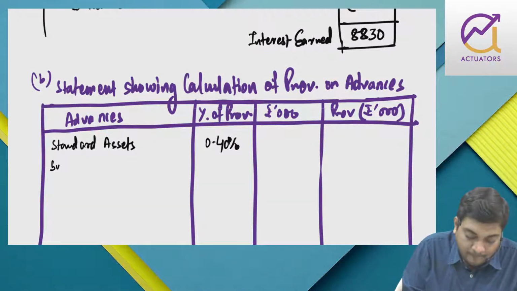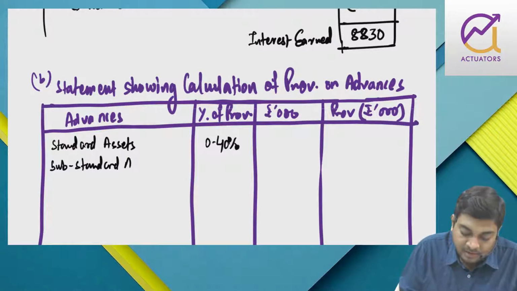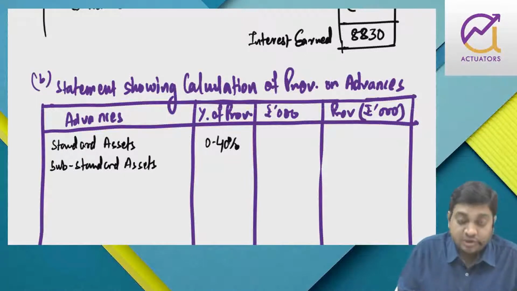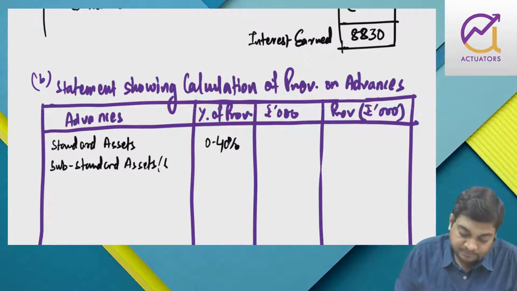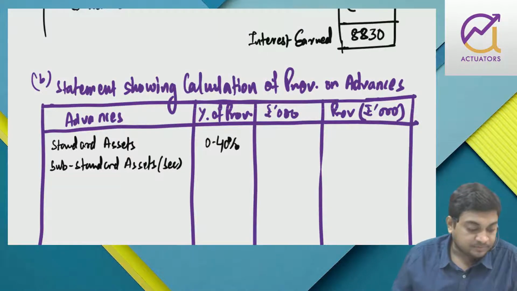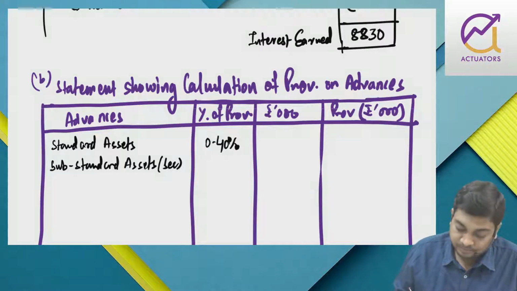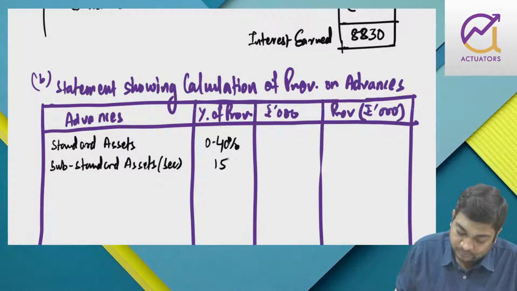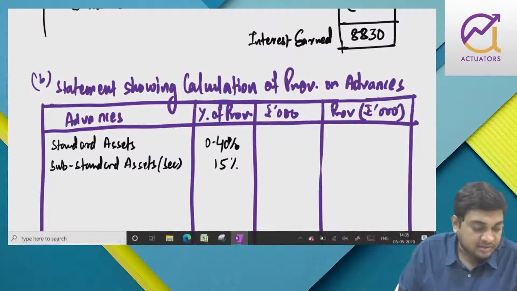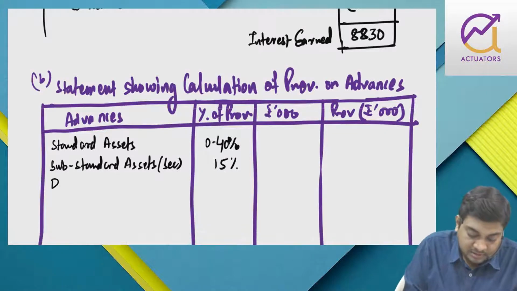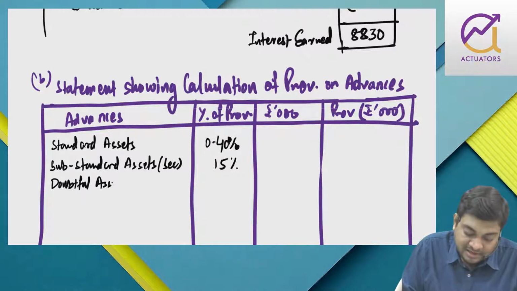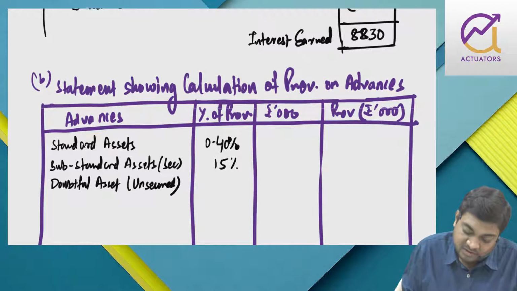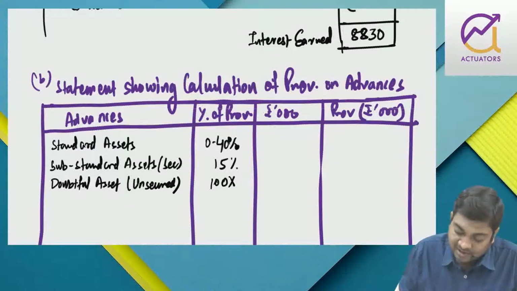Then we have substandard asset. It is assumed secured if nothing is mentioned, so that is 15%. Then we have doubtful asset, unsecured, clearly mentioned, so we'll take 100%.